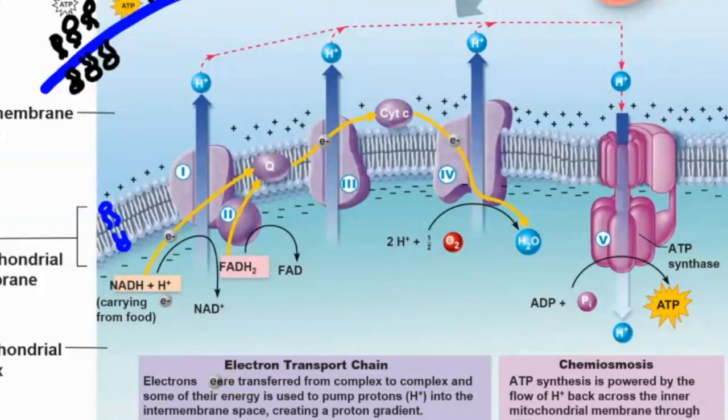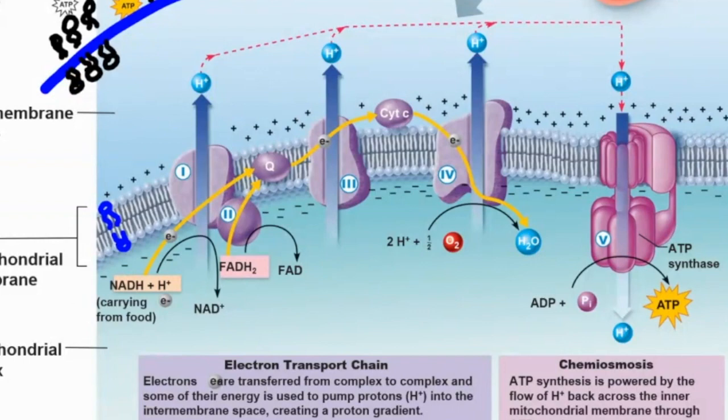So there would be a cell membrane right there. This is the membrane on the inside of the mitochondria. Remember I showed you that picture? They got all those folds. So here's the inner membrane.